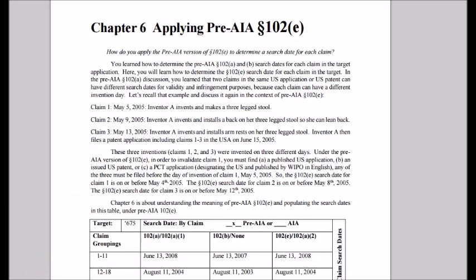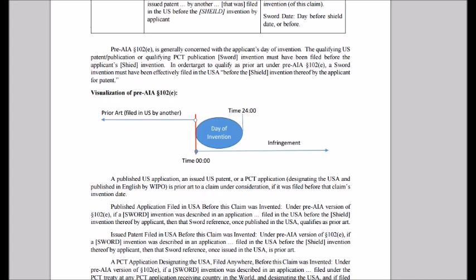Quite a bit of time is spent developing 102E. It's a difficult topic. Of course, there's a visualization of pre-AIA 102E, day of invention, of course, you can shield back to. Before the day of invention is prior art, on the day of invention or after, if it's a commercial embodiment, is infringement.